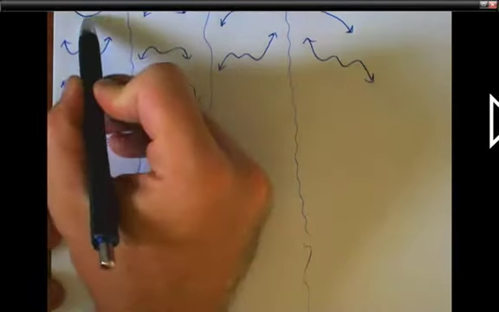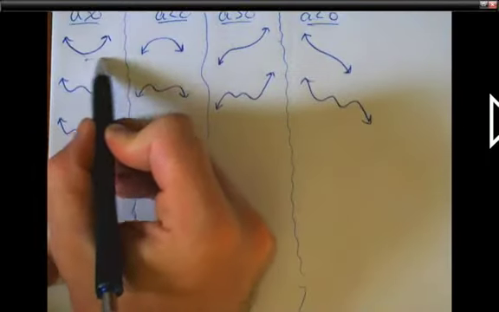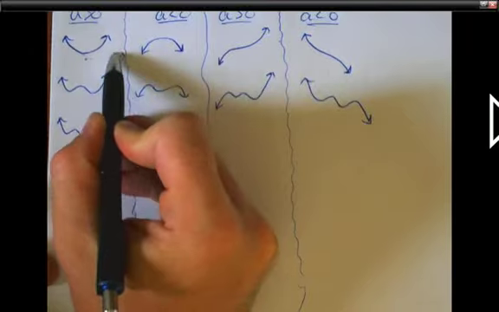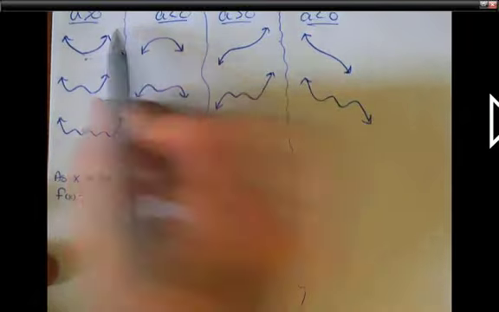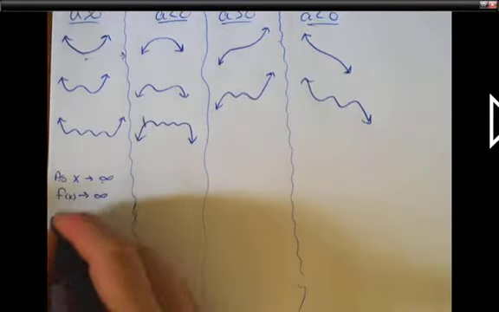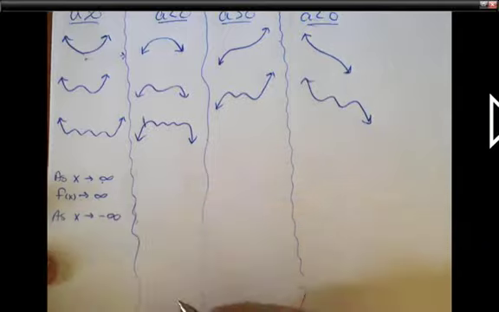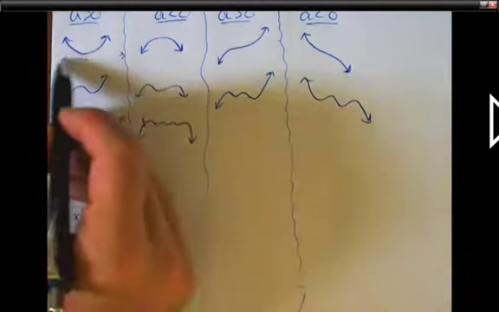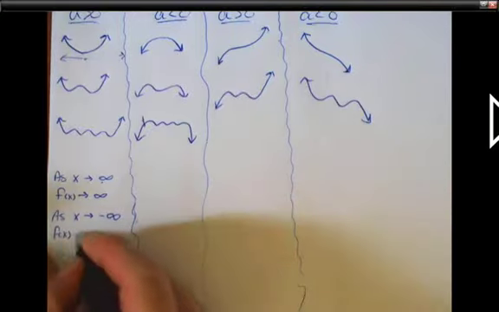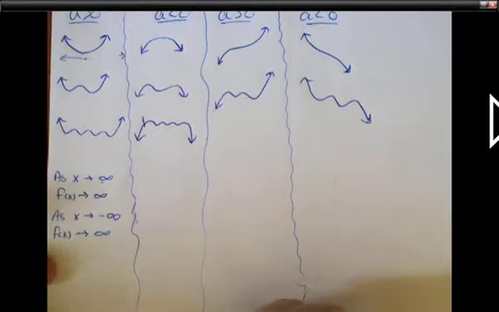So here, as x goes to infinity, as x goes to the right, f of x is going up to positive infinity. And likewise, as x goes to negative infinity, going towards the left, f of x goes to positive infinity as well.